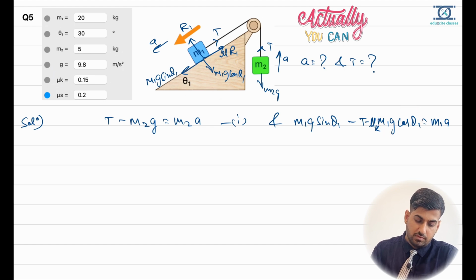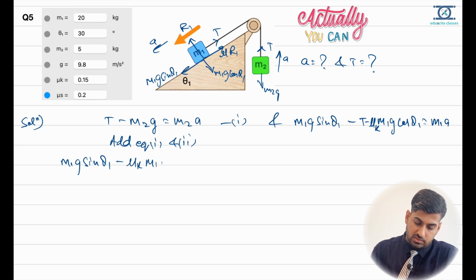Now you have the value of mu k, you have m1, you have m2, you have theta 1, you have g. So if you solve these equations, you can add the two equations. Adding equation 1 and 2, you can write m1g sine theta 1 minus mu k m1g cos theta 1 minus m2g equals m1 plus m2 times a.